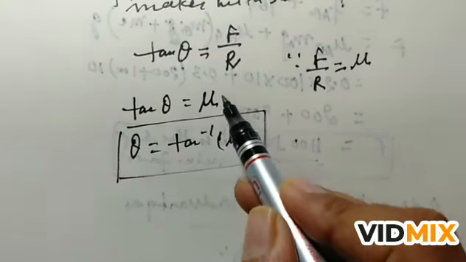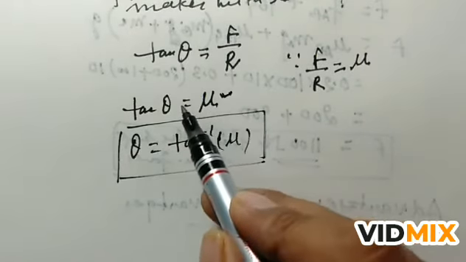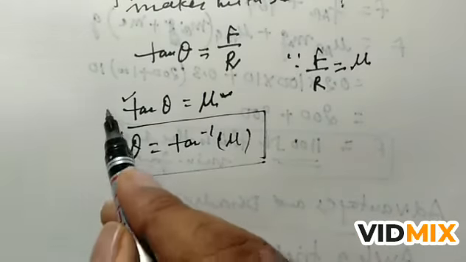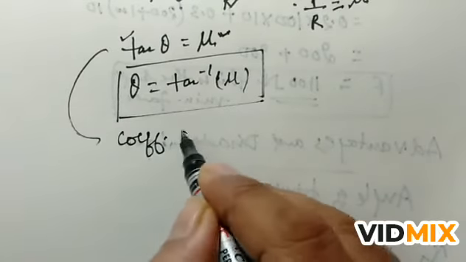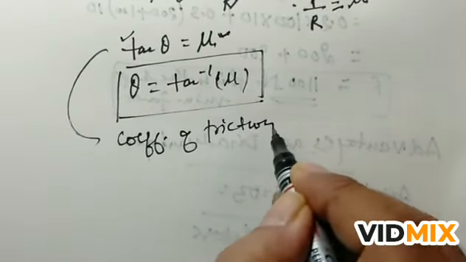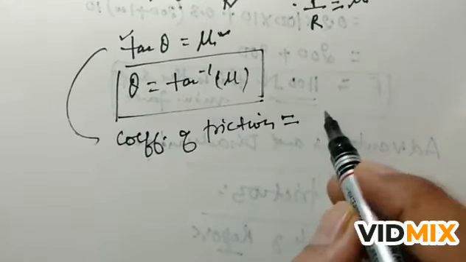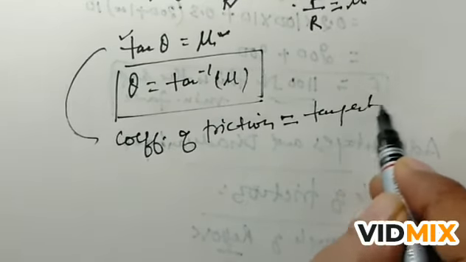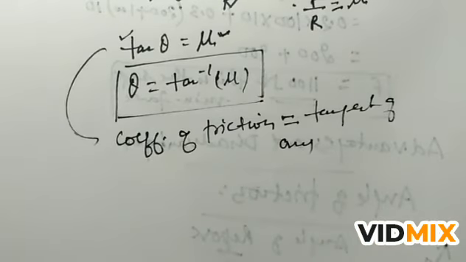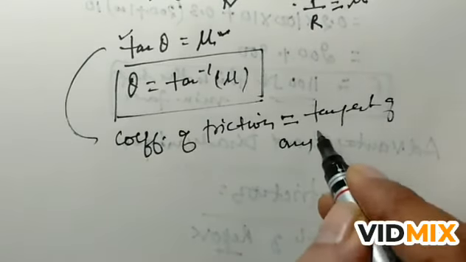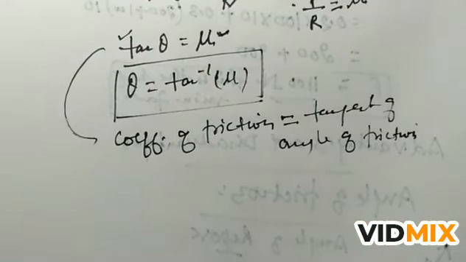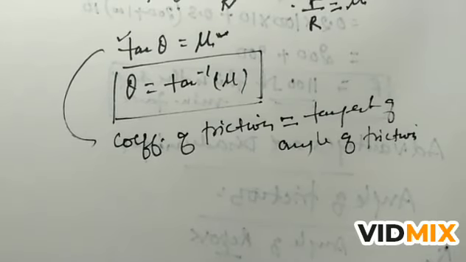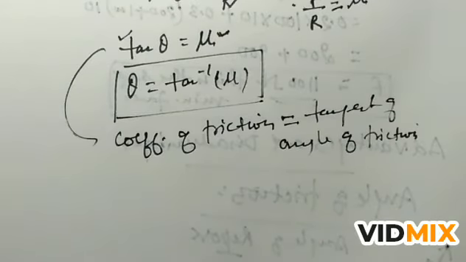So coefficient of friction is equal to tangent of angle of friction. Tan theta is equal to mu.